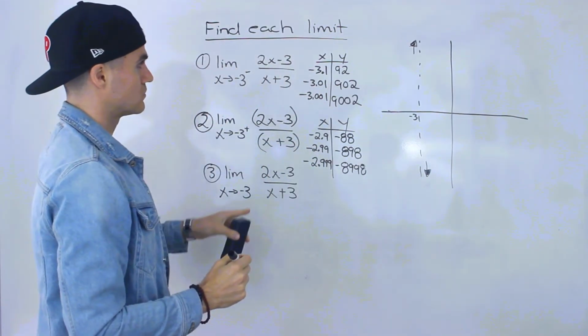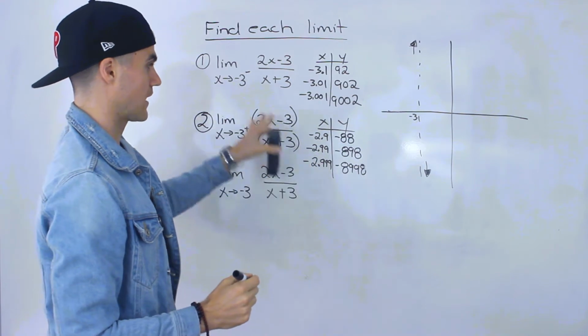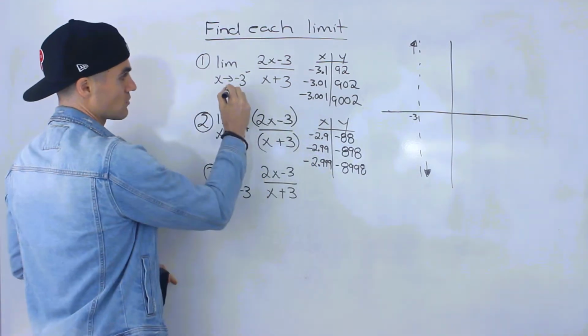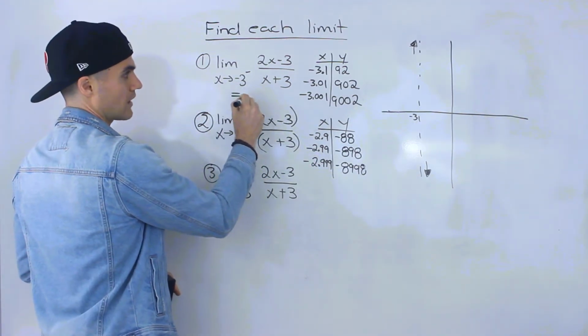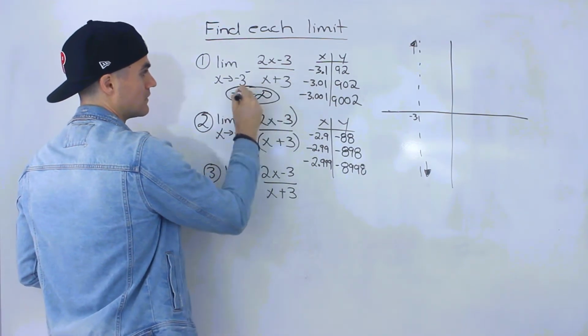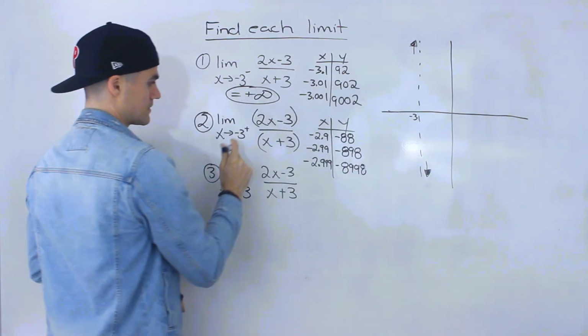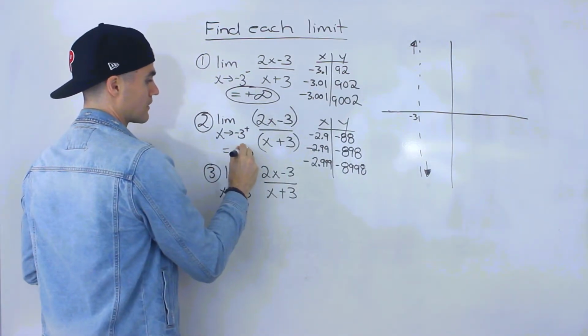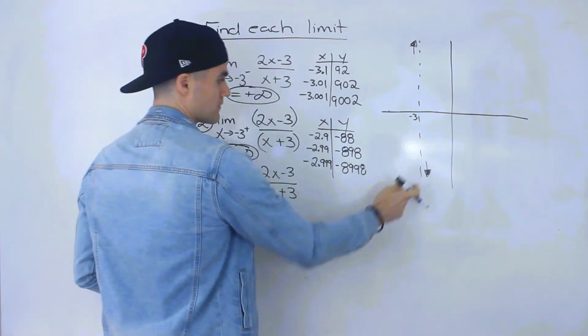And so those are the two respective answers for these two one-sided limits. So this limit here is equal to positive infinity, and then this limit here is equal to negative infinity.